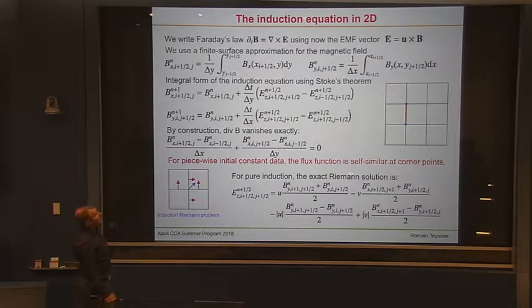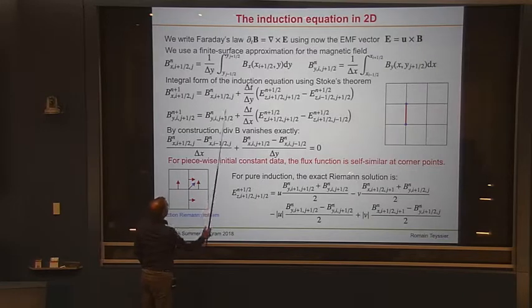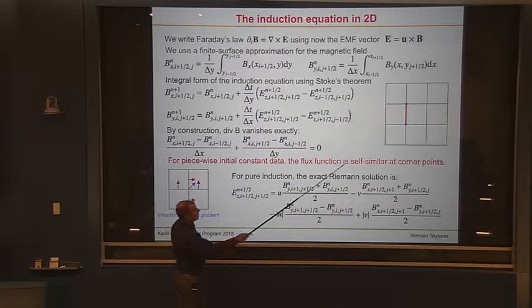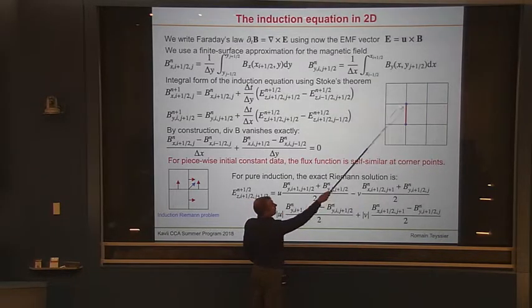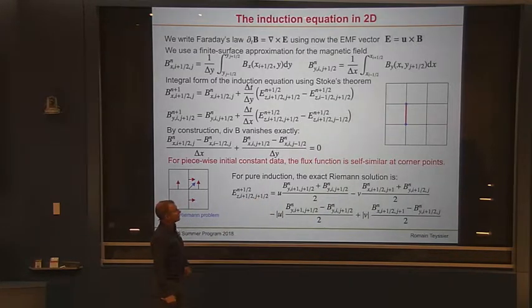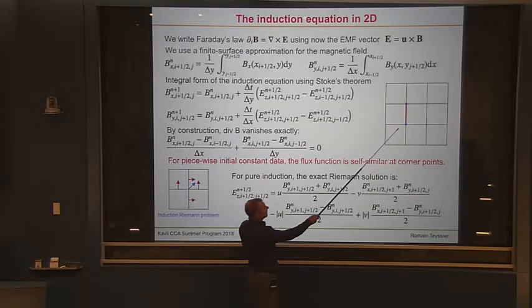In 2D, the B field is defined like that, as a surface average. My B fields are the red vectors here, and the electromotive force is defined at the corner points. In 2D it's only in the z direction, so it's basically a scalar.